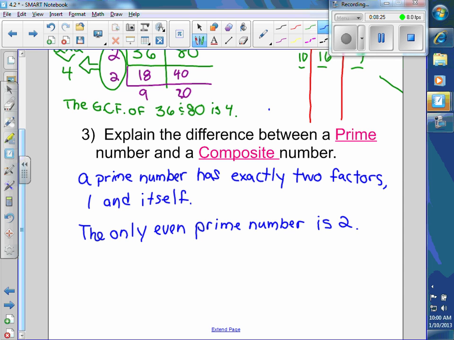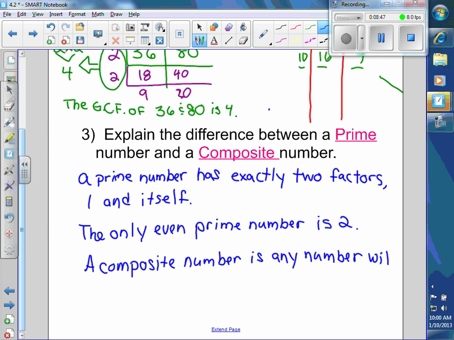So Nandib, what's a composite number? A composite number is a number that has more factors than one and itself. Right. So a composite number is any number with more than 2 factors.